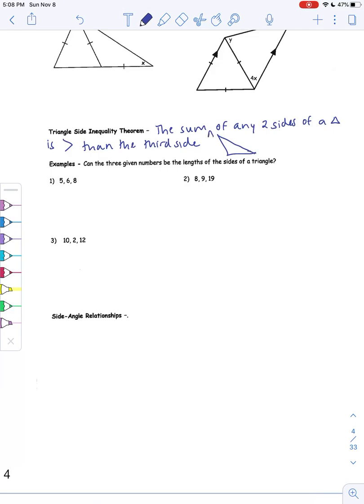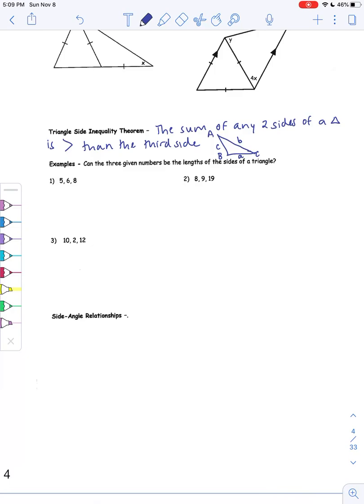We're going to call all the capitals the angle measures, so capital A, capital B, capital C, and the sides across from those angles will be labeled with lowercase letters, so little b here, little a here, and little c here, and those sides are opposite their angles.